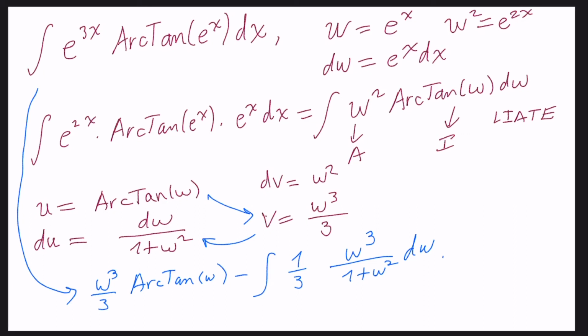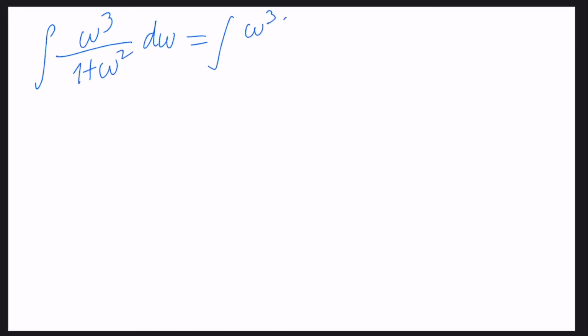As I told you before, if we want to solve this integral, we have to divide w cubed by 1 plus w squared until we get something smaller. Or instead of doing that, I can teach you this trick. I have the integral of w cubed over 1 plus w squared dw. Let's add something so that if I factor the first part, I can eliminate the denominator.